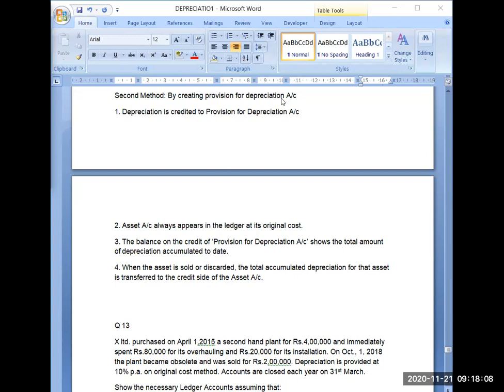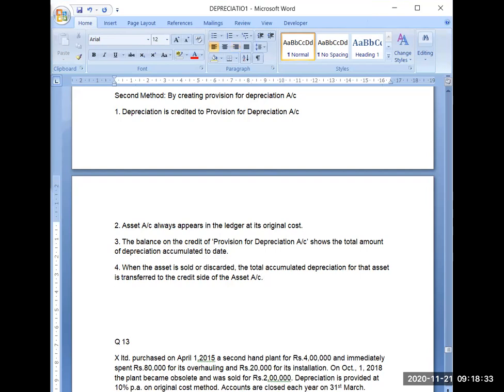So the second method of accounting for depreciation is that we will create a provision for depreciation account. Then what journal entry will we be doing, how will we do the accounting of it? Depreciation is credited to the provision for depreciation account.